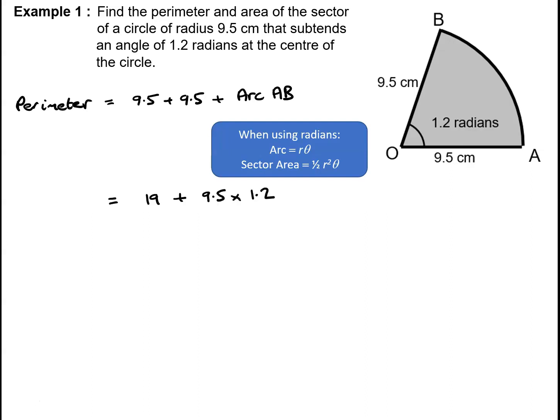So we've got the perimeter is 19 from the 2 times 9.5 plus r times theta, which is 9.5 times 1.2, which gives me 30.4 centimetres. The area of the region is simply the sector area, so that is given by a half times r squared times theta, which is a half times 9.5 squared times 1.2, which gives me 54.15 centimetres squared.